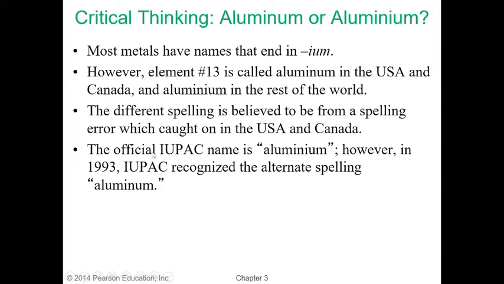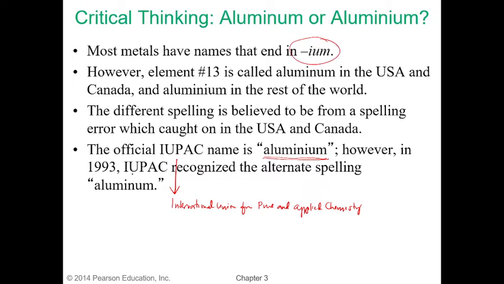The one who decides the official name of element number 13 is the IUPAC, the International Union of Pure and Applied Chemistry. The IUPAC says the official name is aluminium, so we still follow the ending -ium.